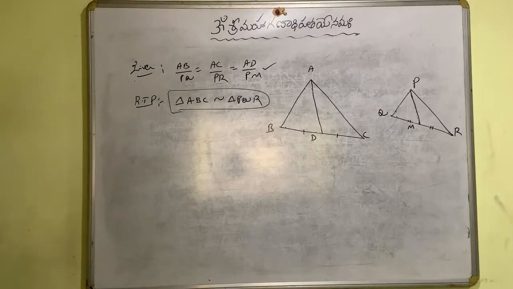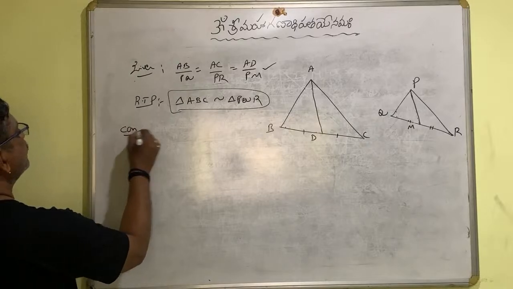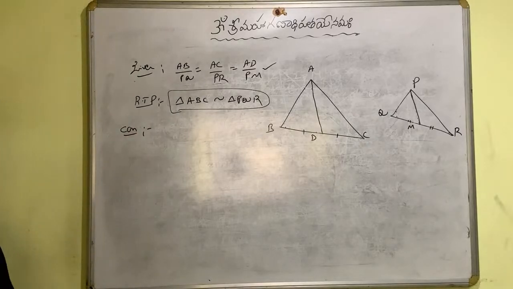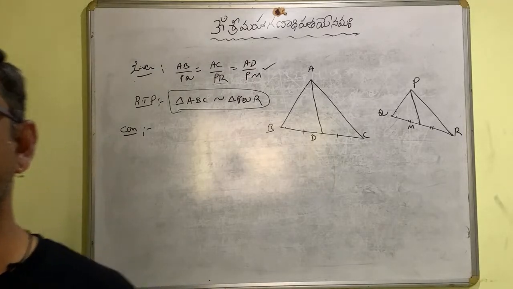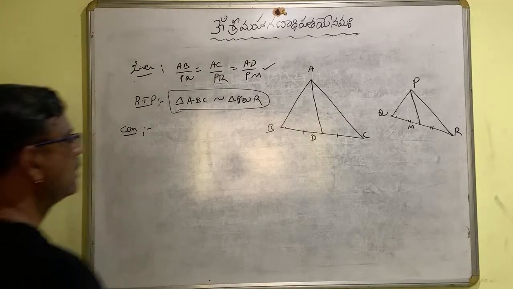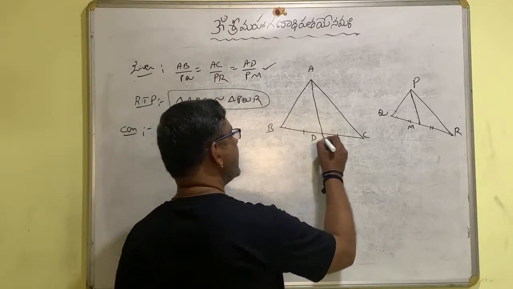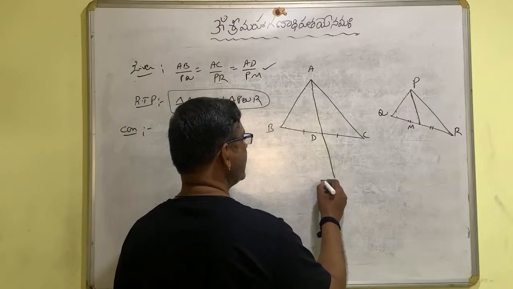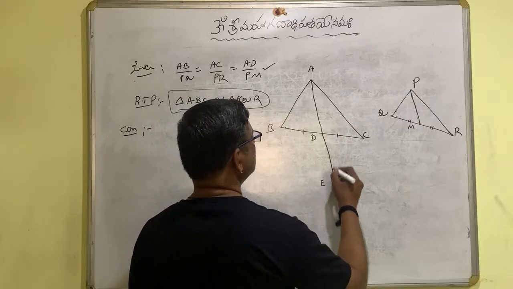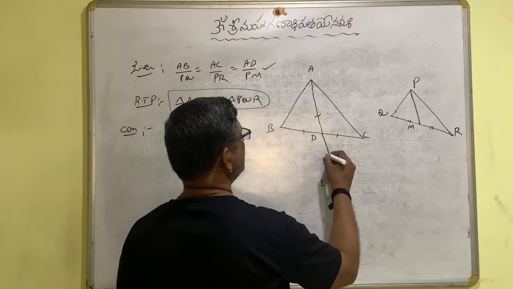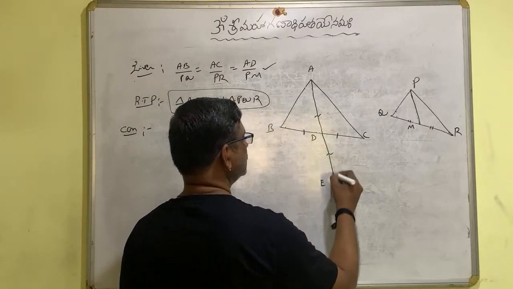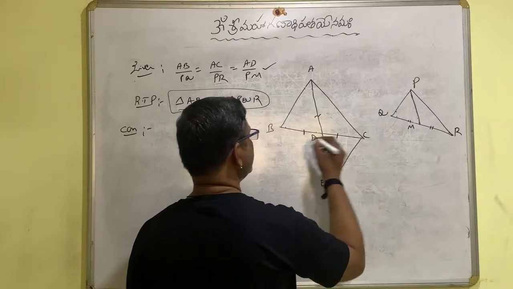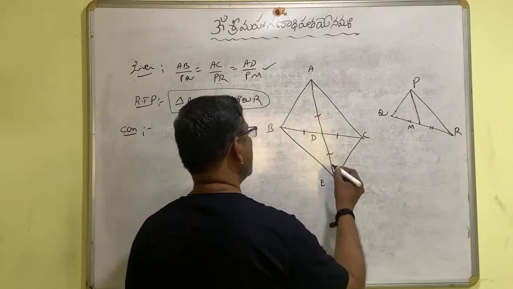Now, to solve this problem, we need to do a construction. What is that? Extend AD to E such that AD is equal to DE, and join CE and BE.